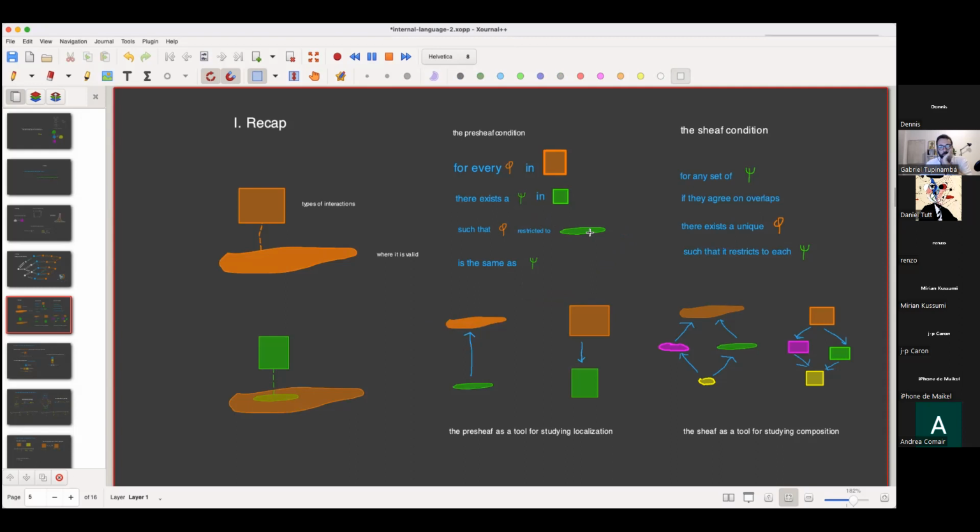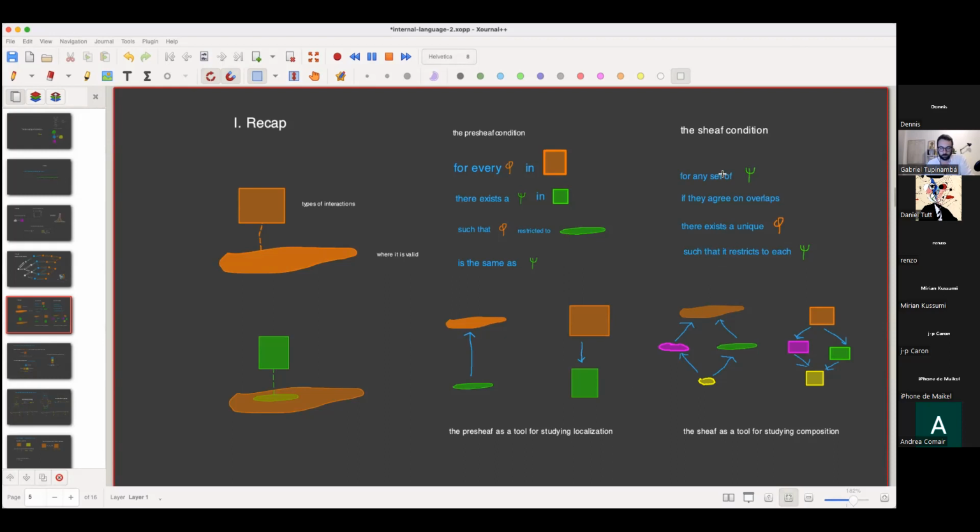And that's what can be called localization or regionalization, right? So that's what a pre-sheaf does. It allows us to study localizing effects, right? Things which are happening at macro scale, when you zoom in, may look the same as something happening at a local scale, and vice versa, right? When you zoom out, something that's happening locally may look totally different at a global scale.